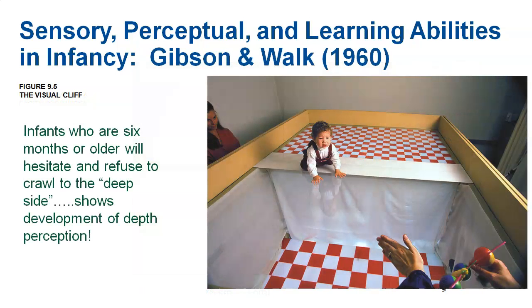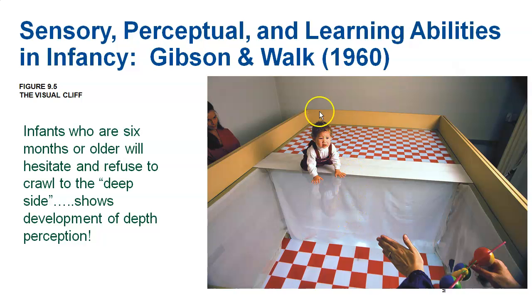Another thing is the idea of depth perception, and the research that we've done seems to show that a child does not start to have their depth perception until around 6 months. We know this from the visual cliff study that was done by Gibson and Walk, where, as you can see, there's this glass pane. It looks like if you went off this ledge, you would fall, because you see right through.